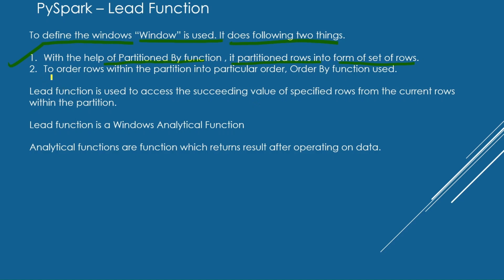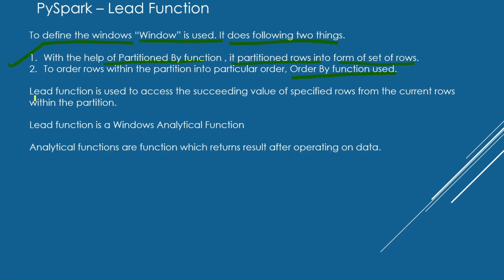And how the data in that particular partition will be organized is decided with the help of the orderBy function. The data present in that partition which we have created with the help of a window function is in ascending or descending order based on a particular column.